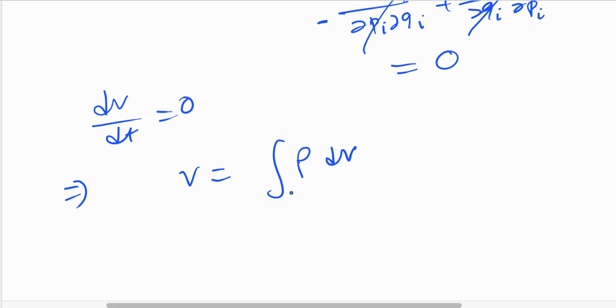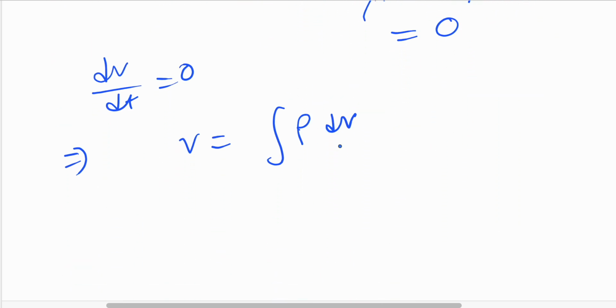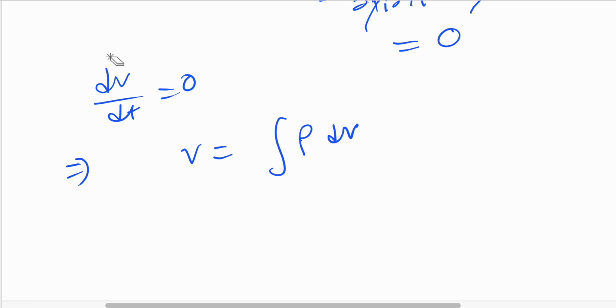In statistical mechanics, this actually becomes probabilistic. So we have to multiply this rho with this dV. That means dV dt will be, in this case, dPi dQi.